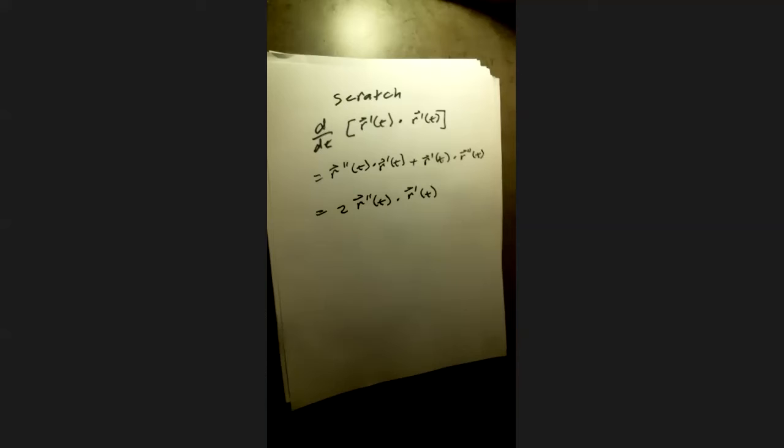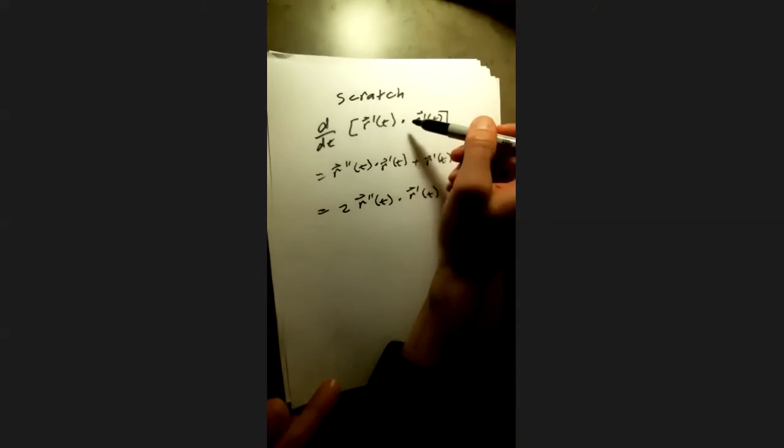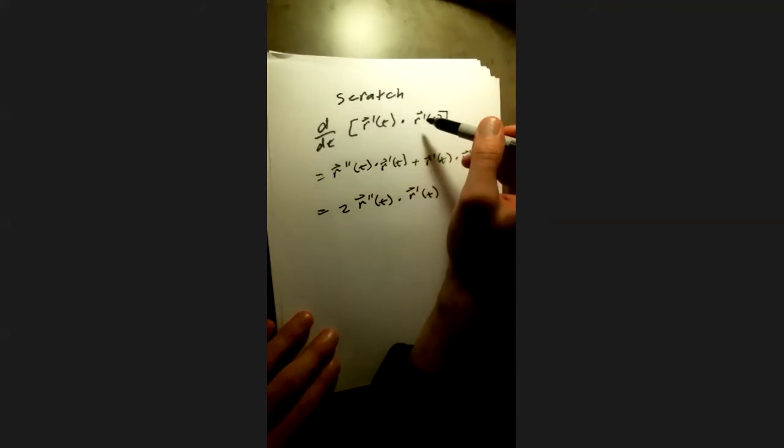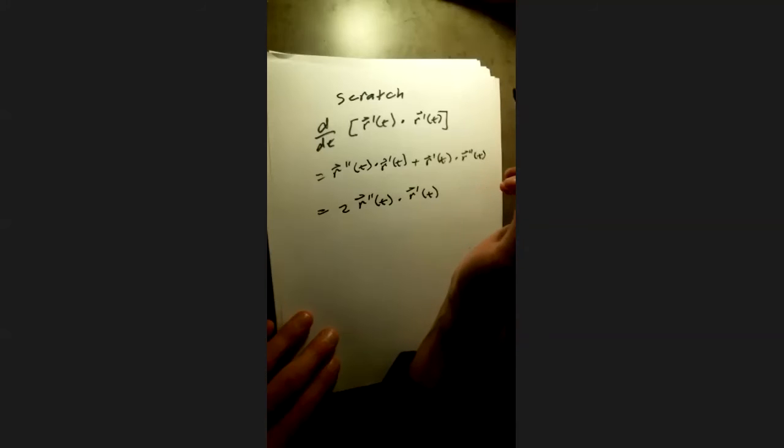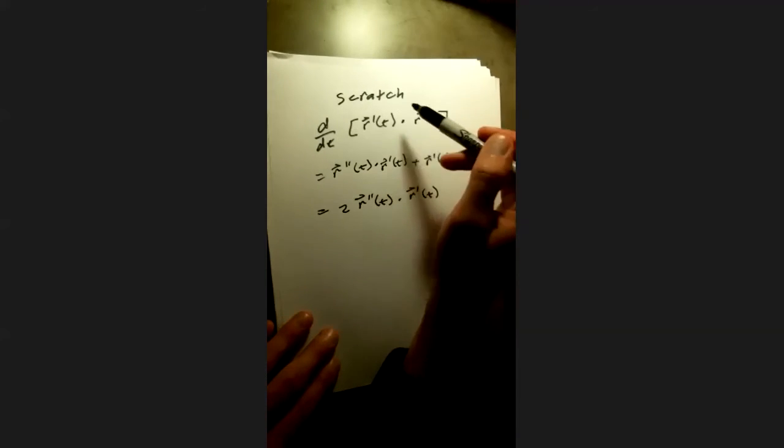Would it make sense just to square the r prime of t up there? I think this is not a squaring.